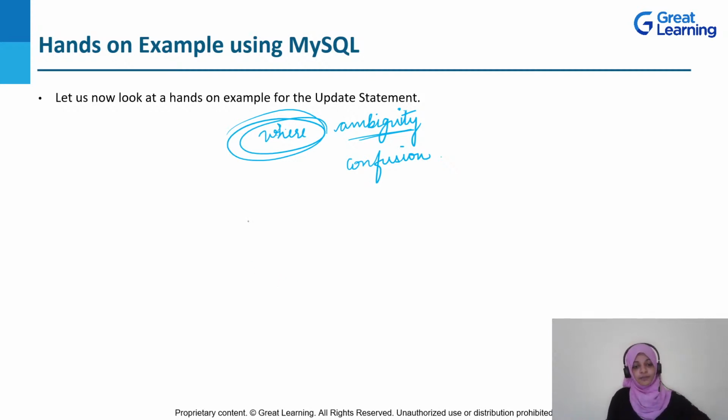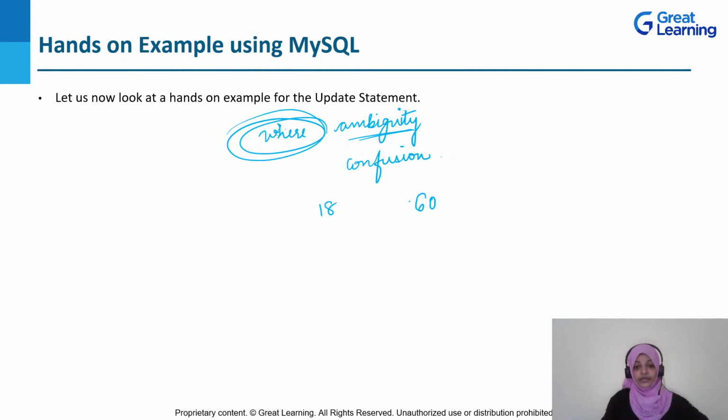Think about it in this manner. I want to extract data, or modify the ages of all of the people who are currently between the ages of 18 to 60. So how will the where condition be? Specific? Oh no, ambiguity is the opposite of specific. Ambiguity means confusion, you being unspecific.